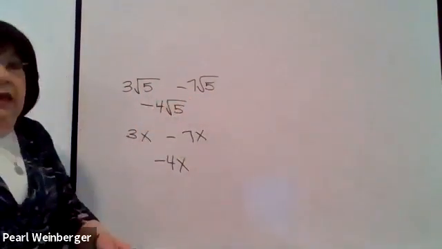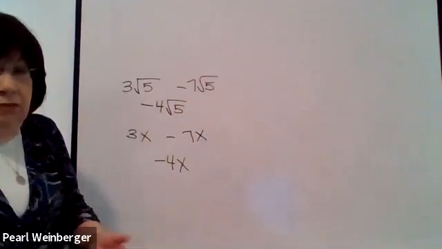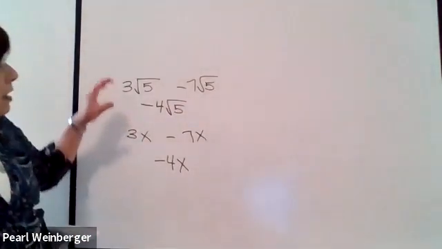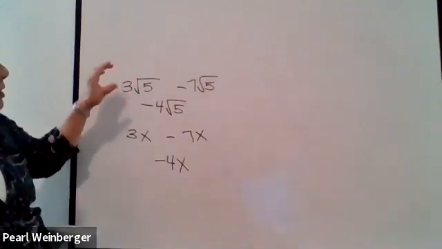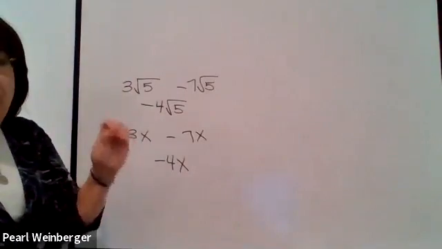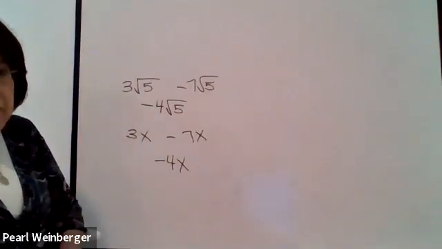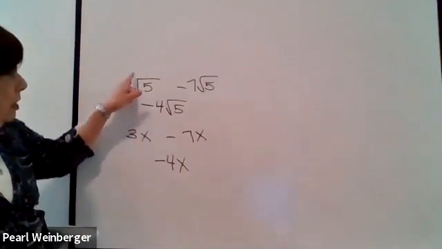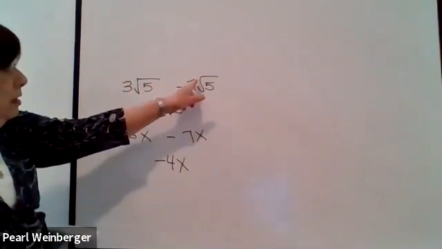So in a way, the rule is very similar to a rule that you're really familiar with. Combining radicals means combining the numbers in front of like radicals. And when I say like radicals, if this is a square root, this can't be a cube root.